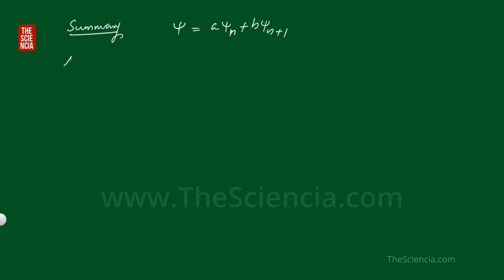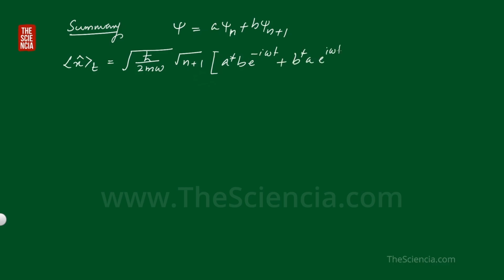And we found the expectation value of x at time t is equal to root of h cross by 2m omega, root n plus 1, into a star b e raised to minus i omega t plus b star a e raised to i omega t.